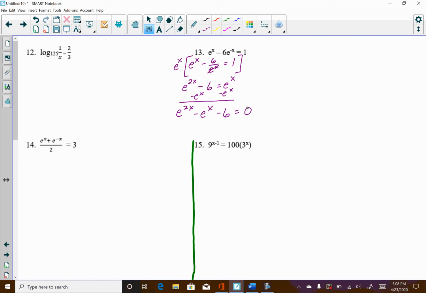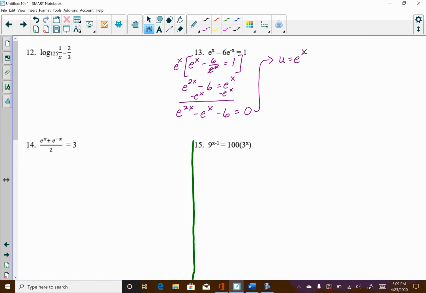Now from here, it's not perfect in looking like a quadratic, but hopefully you can think, oh, this kind of looks like an x squared minus x minus a number. That's the idea of how I'm going to transform it using this U substitution. At this point, I'm going to establish a U value of U equaling e to the x.